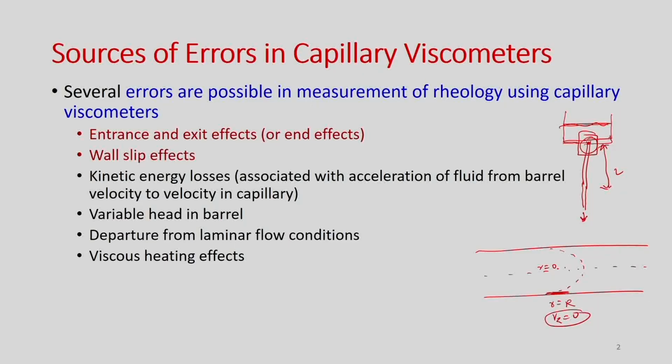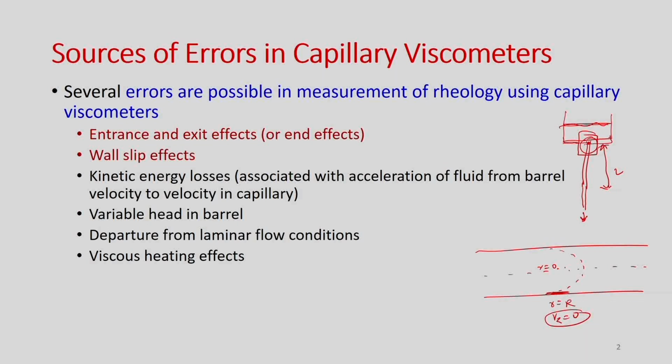And as I mentioned, the working principle we developed in the previous lecture is valid only for steady state fully developed laminar conditions. So, any departure from laminar condition will also induce some errors. We are going to see those things also.